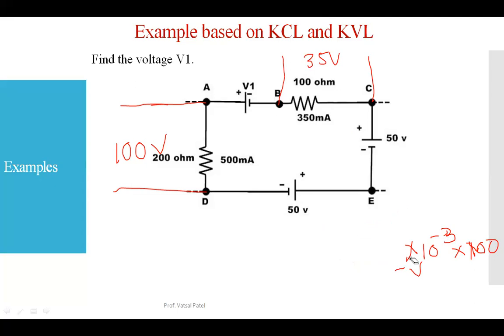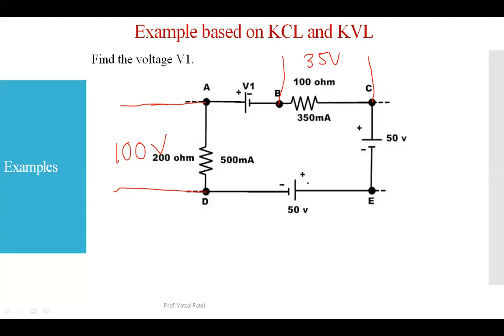Are you getting up to here or not? We just apply Ohm's law to get the value of voltage across the resistance because the current is already given.